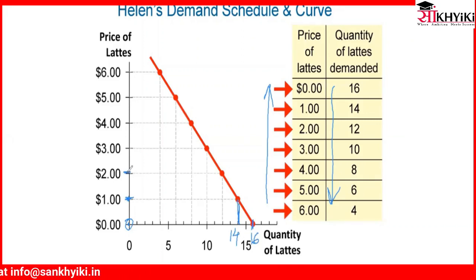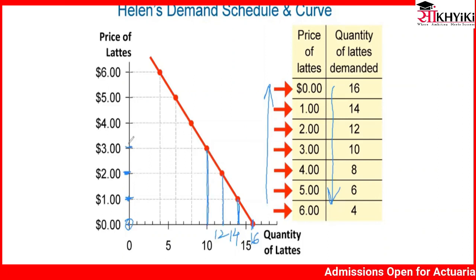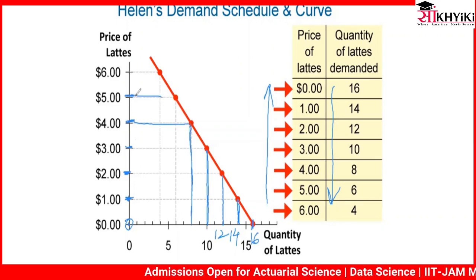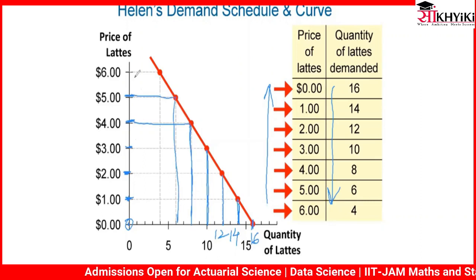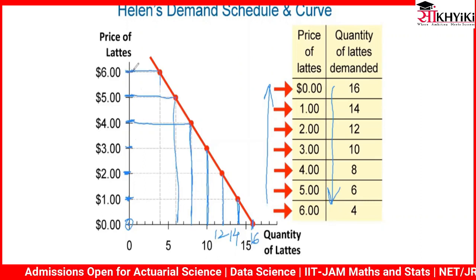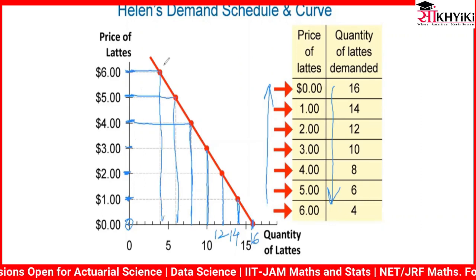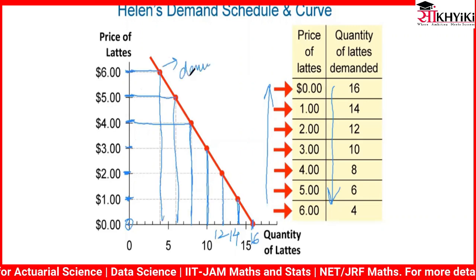When price is 2, it is 12. When price is 3, it is 10. When price is 4, it is 8. When price is 5, it is 6. When it is 6, it is 4. So this is now called my demand curve.